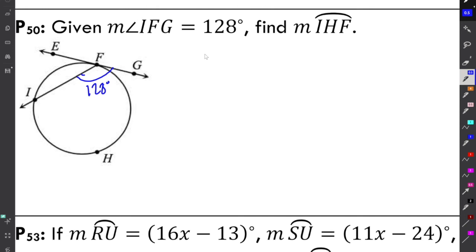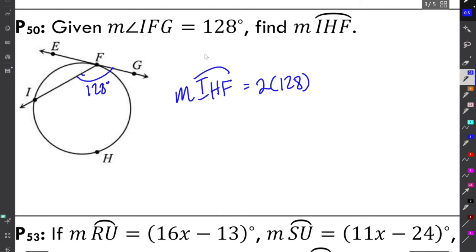So going backwards, we'll double the angle to get the arc. So the measure of arc IHF is equal to 2 times the measure of that angle, that 128. So it's equal to 256 degrees.